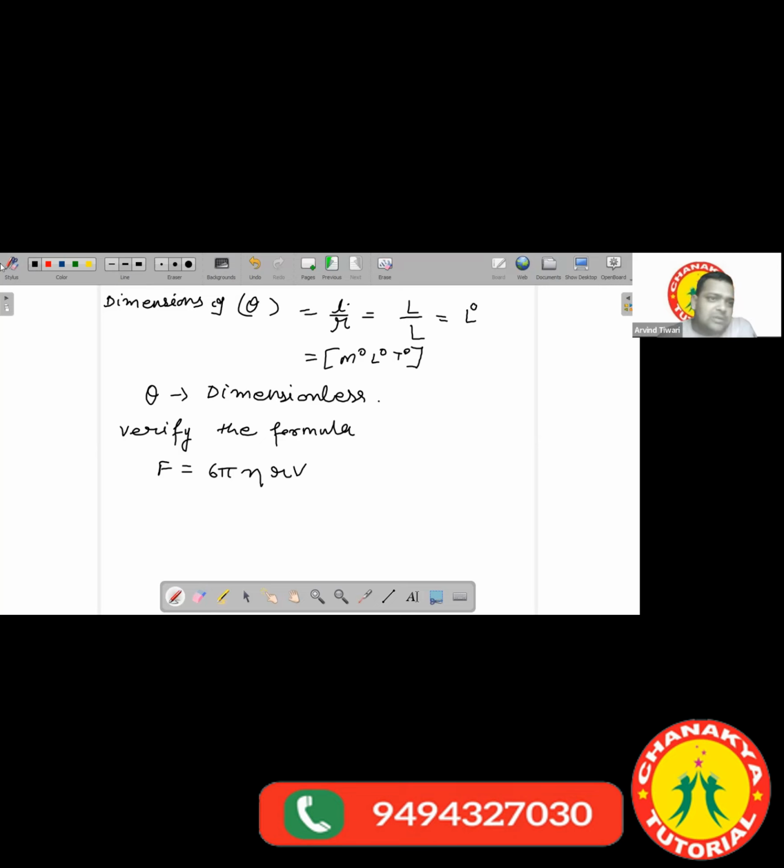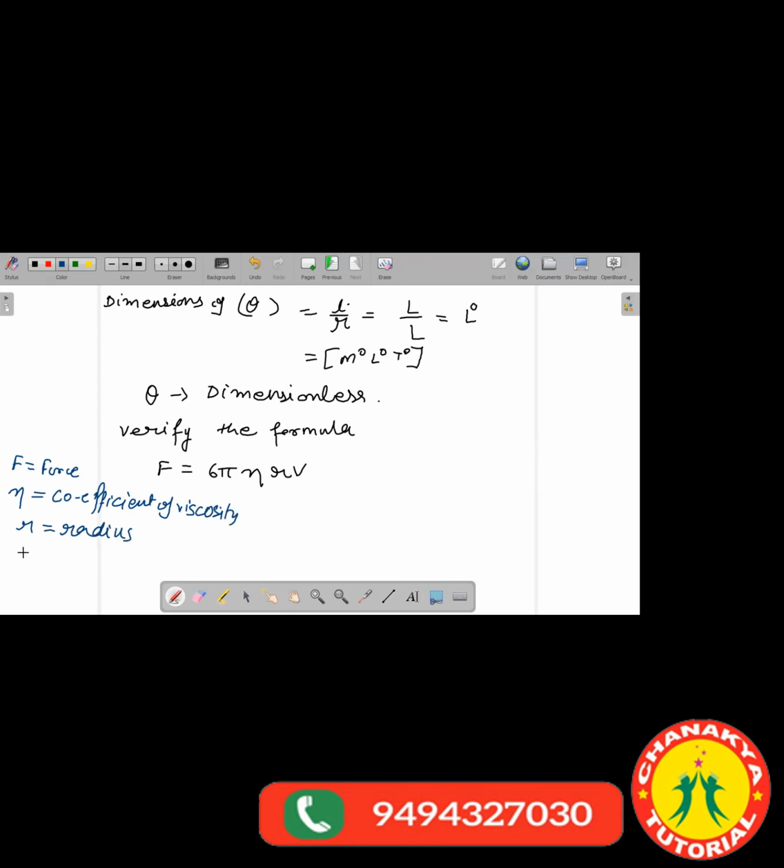Of course, you know about F. F stands for force. 6 pi is a constant. Eta is the coefficient of viscosity, which we discussed. R stands for radius, and V for velocity. So check whether the given formula is dimensionally correct or not.